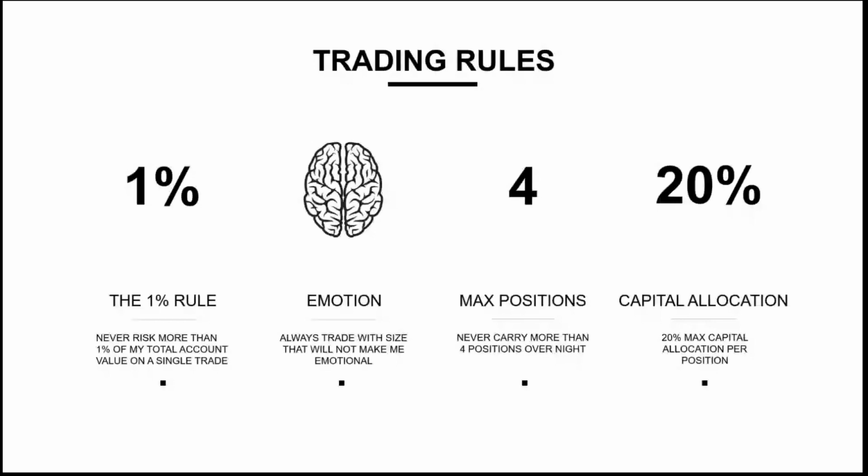Because say you are in 4 positions overnight and you're 80% in and the market gaps down 1-2%, which isn't an uncommon occurrence these days. You can give back a lot of money in a single day just because you had too much size on. So that sort of goes back to the 1% rule and the emotion rule.